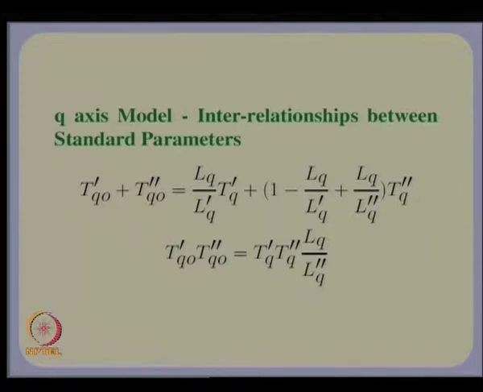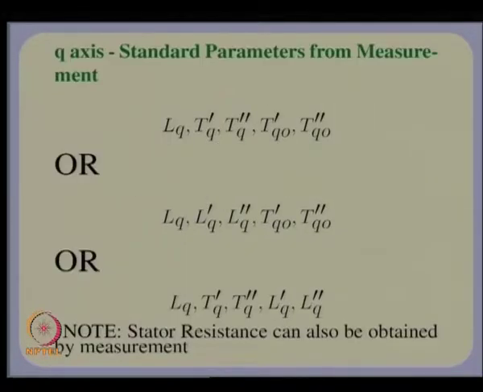So, sometimes in the data which you get, you may find the first set of 5 parameters given to you, or you may find the next set given to you, or you may find LQ, TQ dash, TQ double dash, LQ dash and LQ double dash given to you. And of course, the stator resistance also will be given.